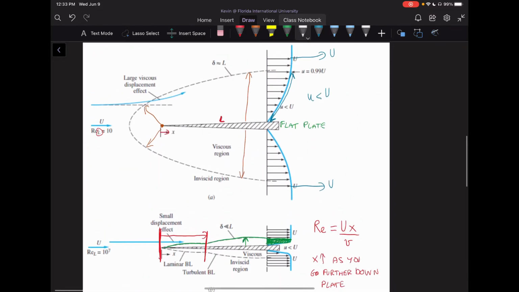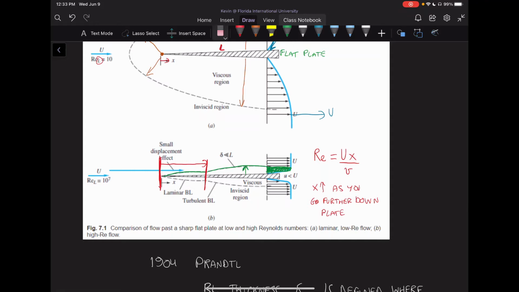So if we look at our experiment here before us, if we erase the lines on the left, this boundary layer thickness, delta, would be on one side, not both sides.